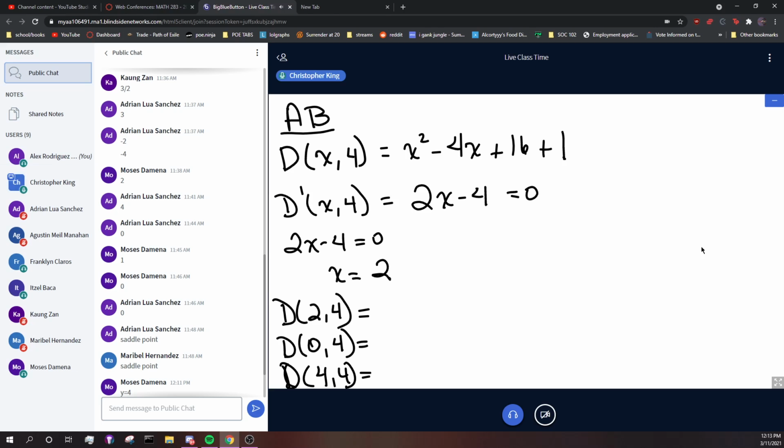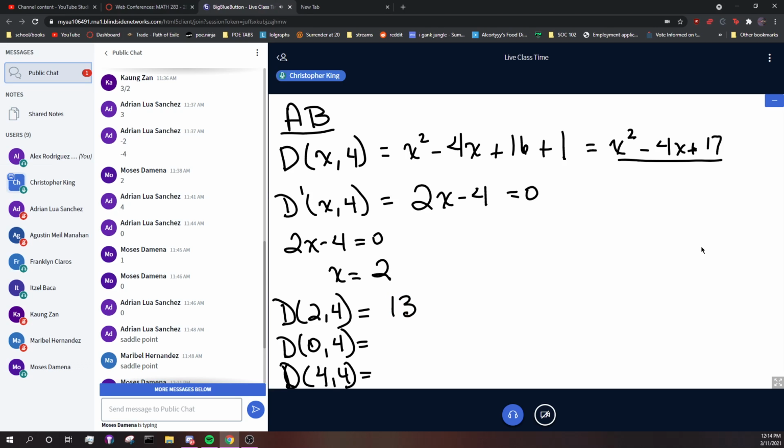Okay. Now, I'm going to look at this, and let me rewrite this in a simplified way. So x squared minus 4x plus 17. Okay. So if x is 2, so if I plug 2 into here, what value will I get? I'm going to get 13.